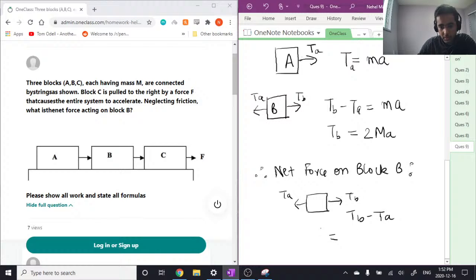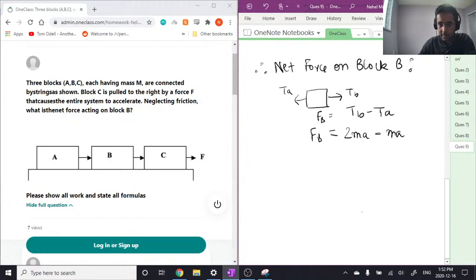FB equals TB minus TA. TB is 2Ma and TA is Ma. So 2Ma minus Ma. Therefore, this force becomes equal to Ma.